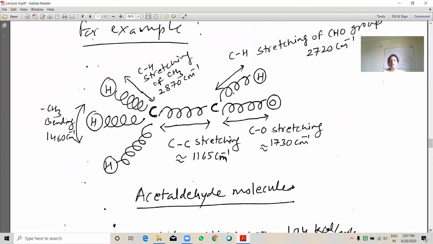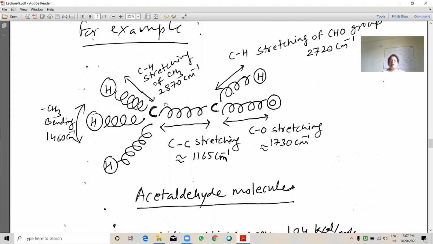Here, the carbon-carbon stretching is at 1165. The carbon-hydrogen is close to carbon-oxygen, so its stretching is different, at a slightly lower frequency, 2720.